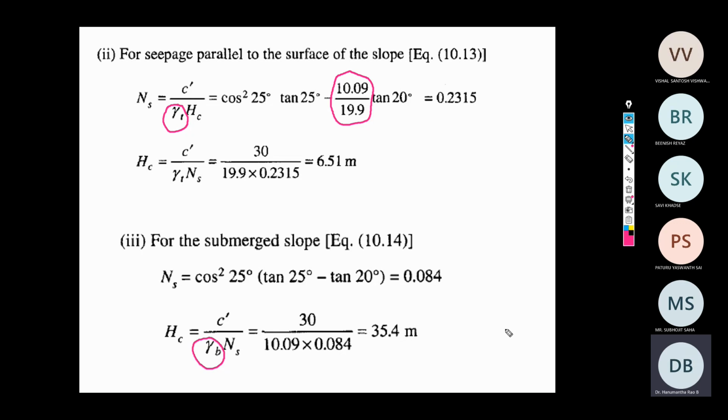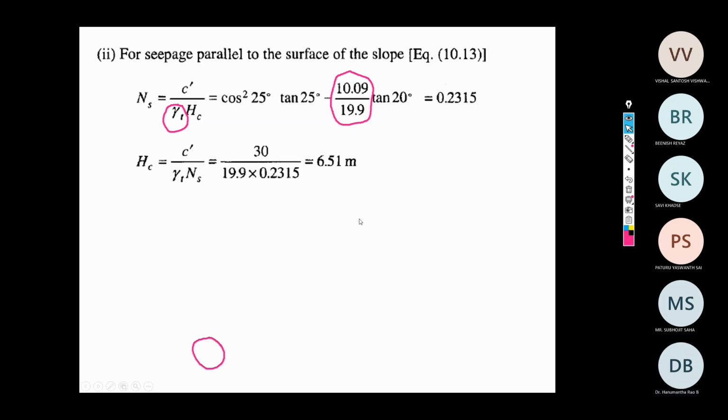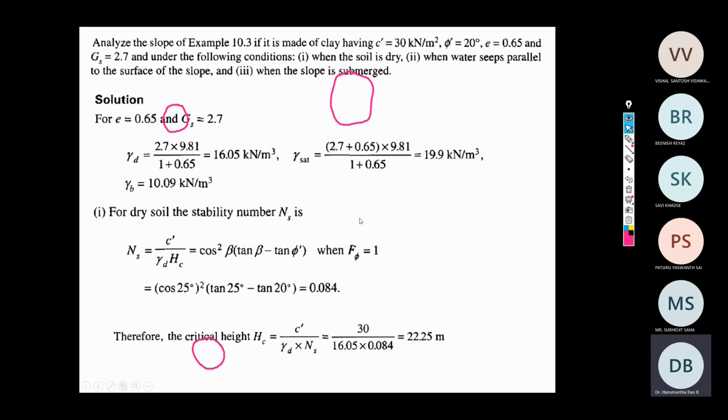Now, having understood how to calculate the critical height of the slope for different soil conditions, let us re-look into what would be the critical height of the slope. For example, if you take the dry condition, the critical height is 22.25 meter.